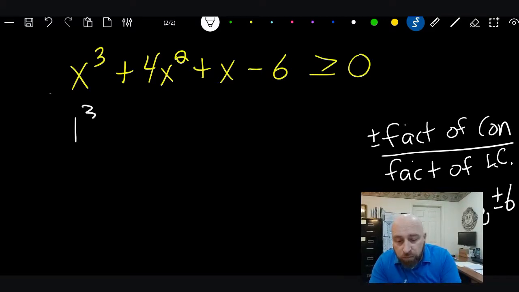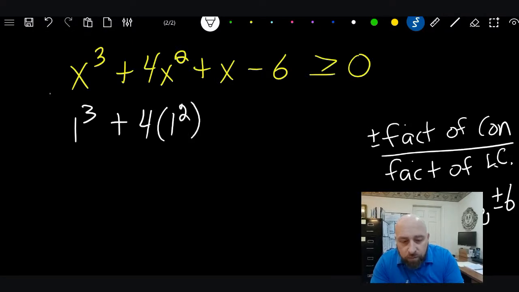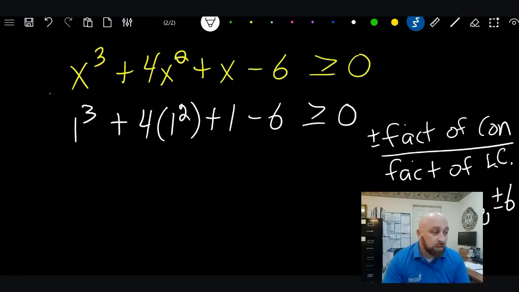So positive 1 cubed plus 4 times positive 1 squared plus positive 1 minus 6 is greater than or equal to 0. So let's see if this works.